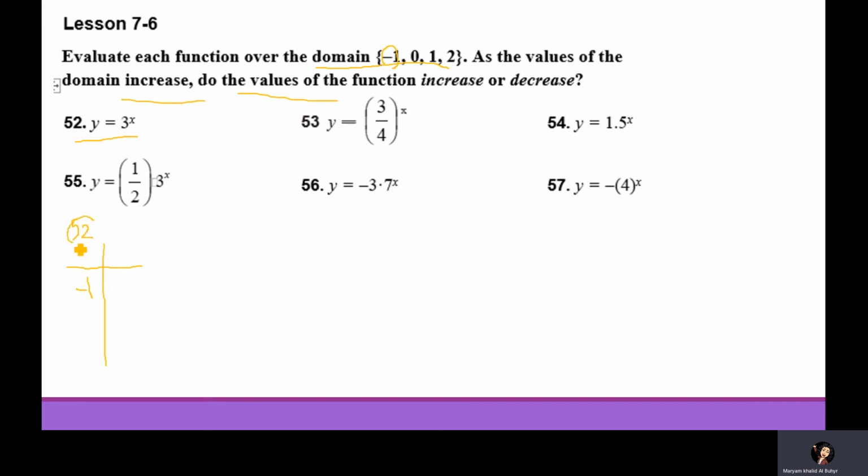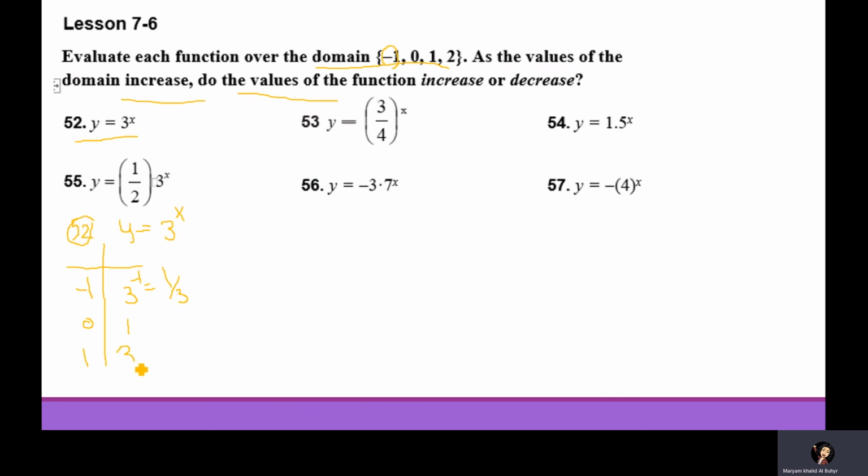So in question 52, we have y equals 3 to the power x. Once you have a negative, you will get 3 to the power -1, which means that is 1 over 3.